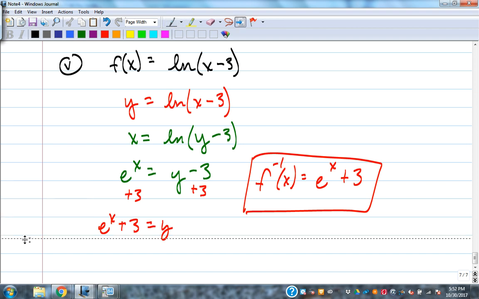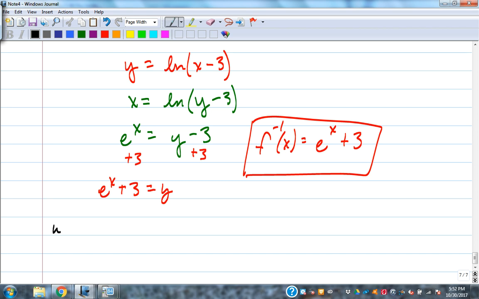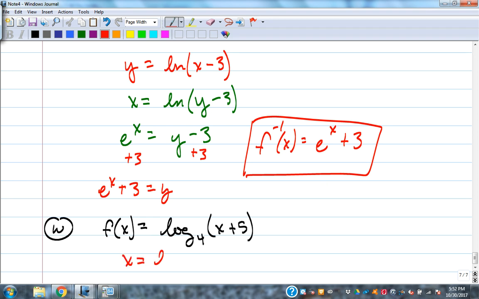One more, with a different log involved. F of x equals log base 4 of x plus 5. We're going to find the inverse. So we'll go x equals log base 4 of y plus 5. Rewrite it as an exponential.